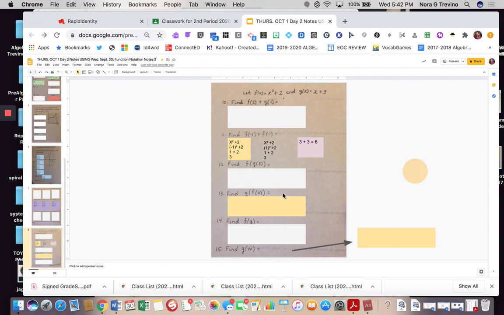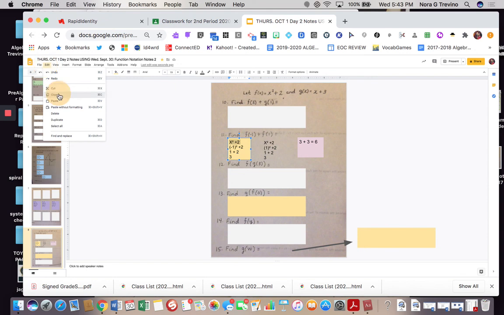All right. Then we go to g of f of 0. So remember yesterday we said you're going to work from the inside and work yourself out. So inside. So I'm not even going to look at the g. I'm just going to do f of 0. f of 0 is telling me to take this one again, the x squared plus 2. So let me copy it from here, and I'm going to input a 0 in there.